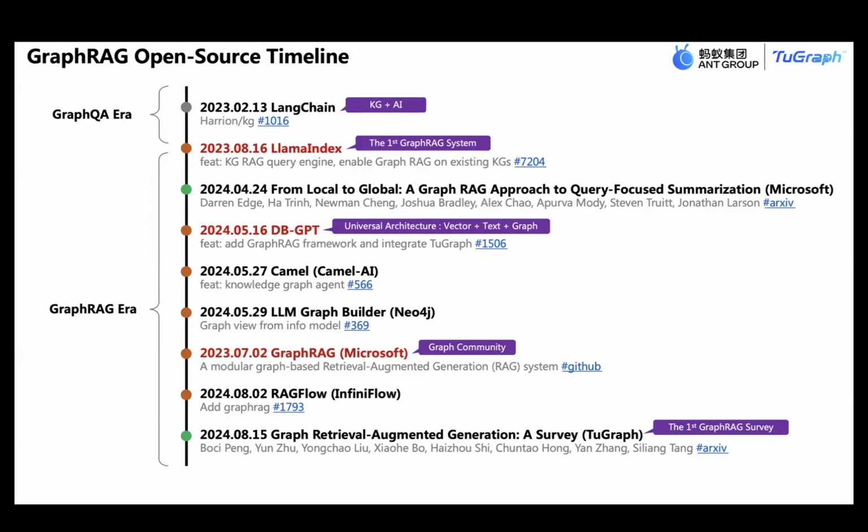In the following months, CAMEL-AI, Neo4j, Microsoft, and RAGFlow all gave their own implementations of GraphRAG. In August, the AntGroup team published the first GraphRAG survey.